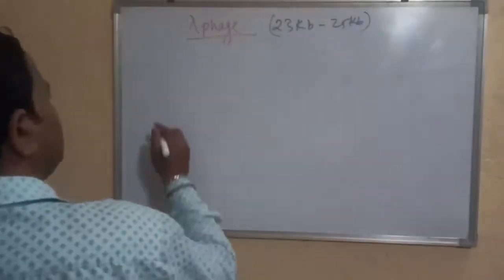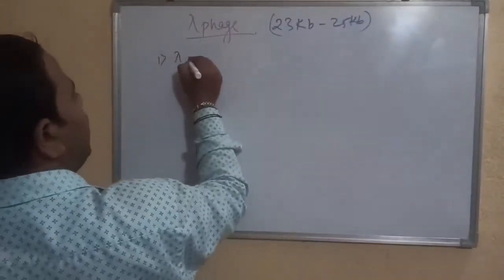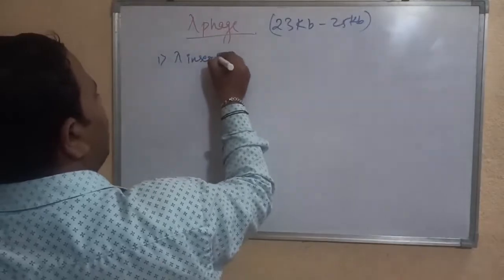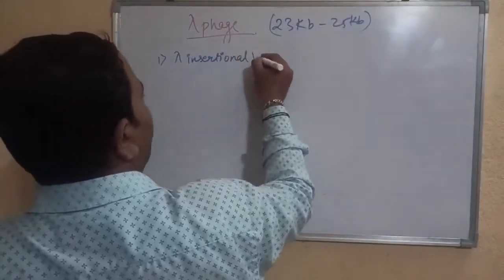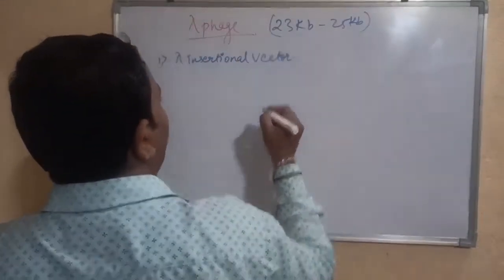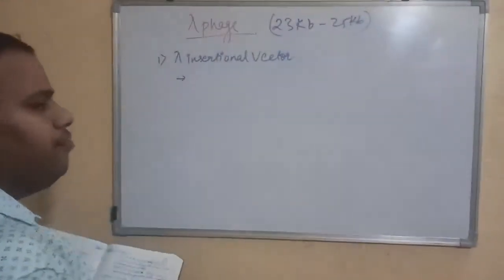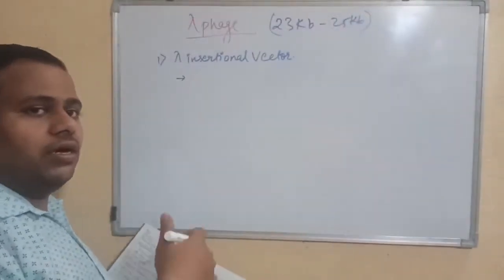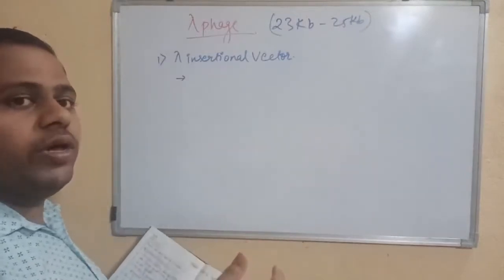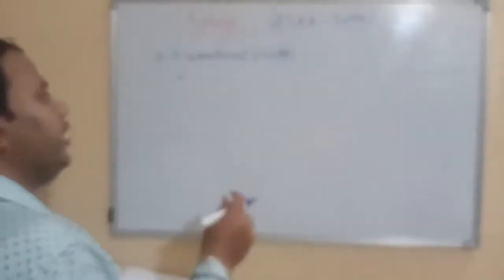The first that we are going to see here is the Lambda insertional vector. As I told you, Lambda phage has half of the coding sequence required for infection, and half of the genome is non-essential. So we can insert our fragment of interest into the insertional vector.